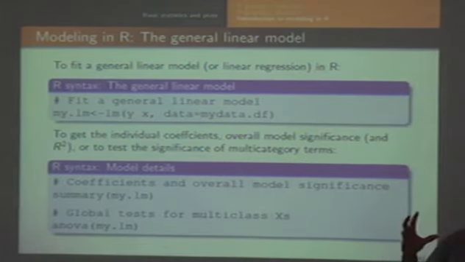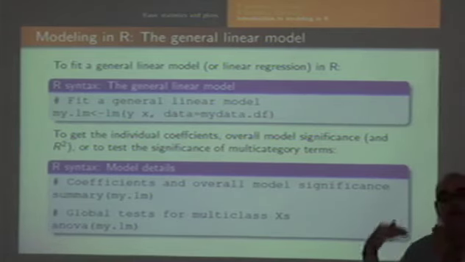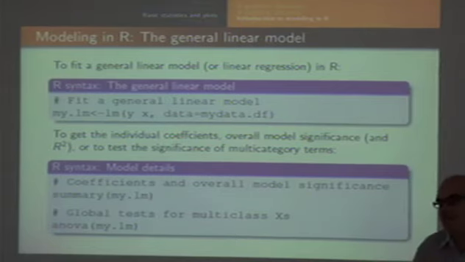Remember, I have to do a global test before I can do local tests for any multiple category variable. So I need to run an ANOVA statement as well, and that will give me those omnibus tests. So are any of the BMI groups different from each other? If they are, I can then go to the betas and find out which one's different. But remember, we have to do global tests before local tests.